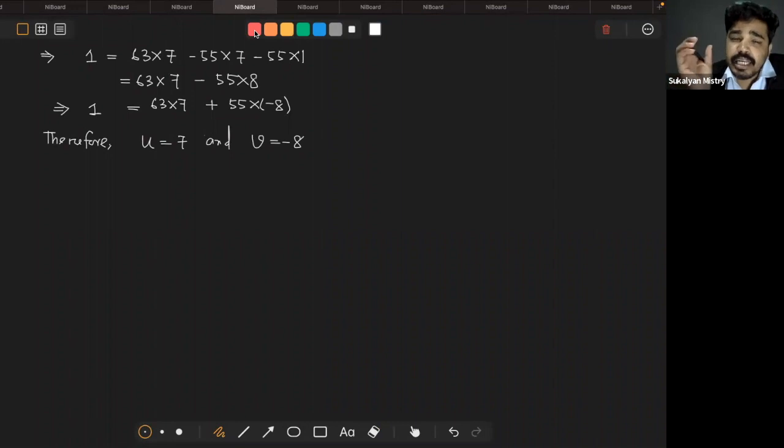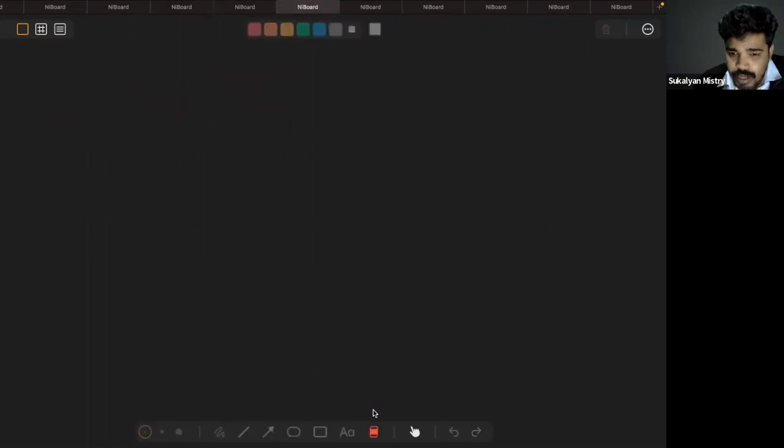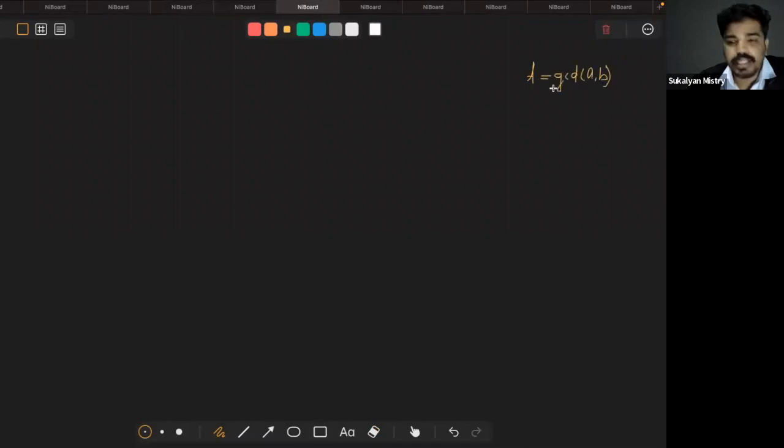When we studied integers, I said that if d is the GCD of a and b, then there exist two integers u and v such that d is equal to au plus bv.